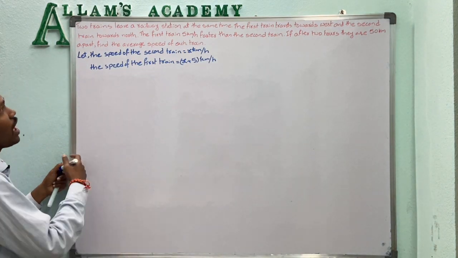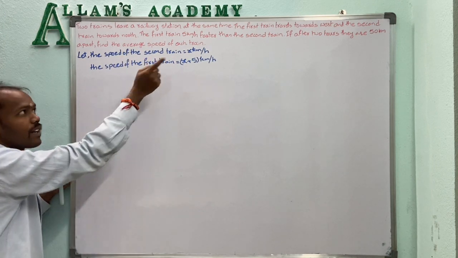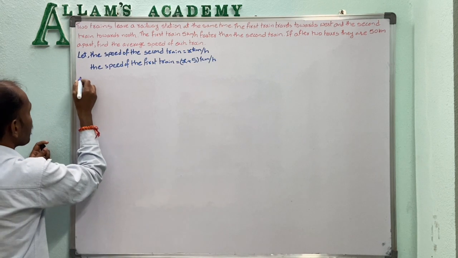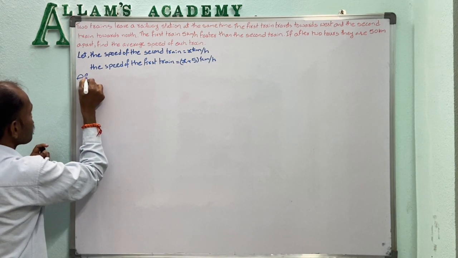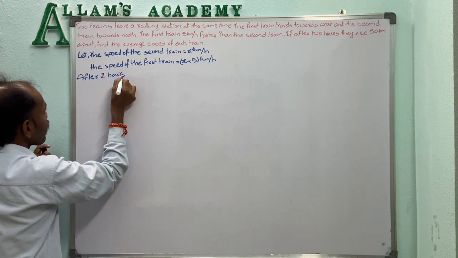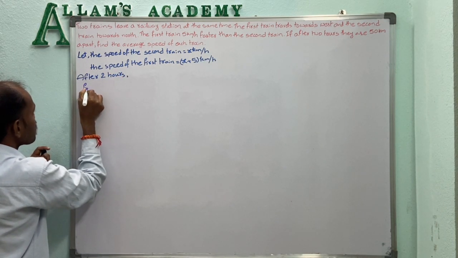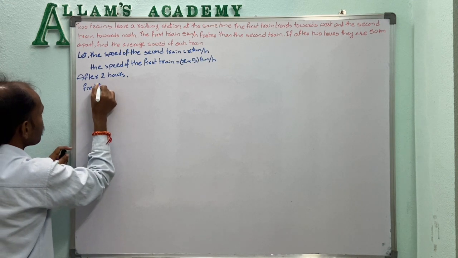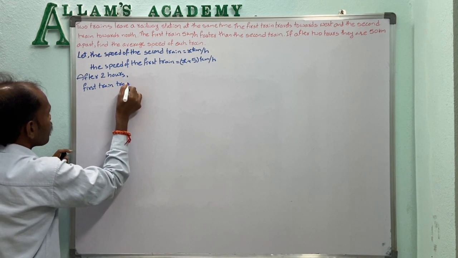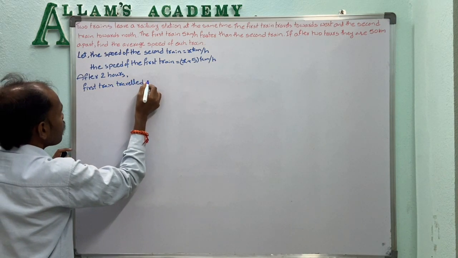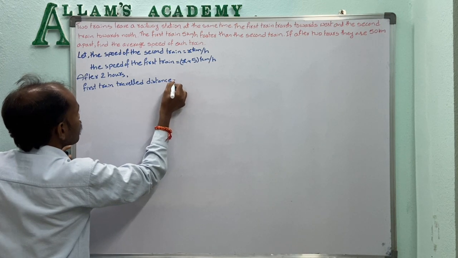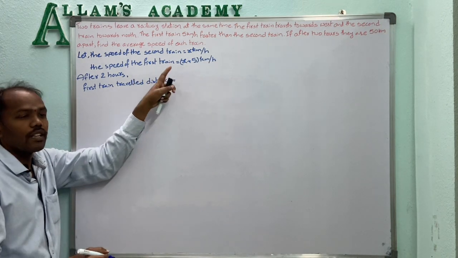So now we find, after 2 hours, how much distance the first train traveled and how much distance the second train traveled. So after 2 hours, the first train traveled distance, that is distance equal to speed into time.